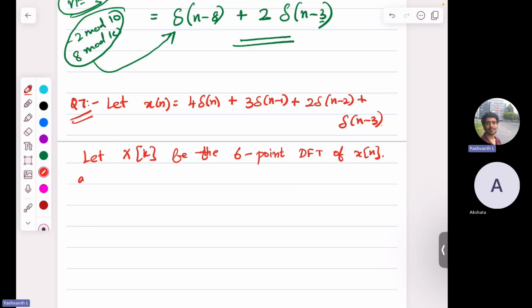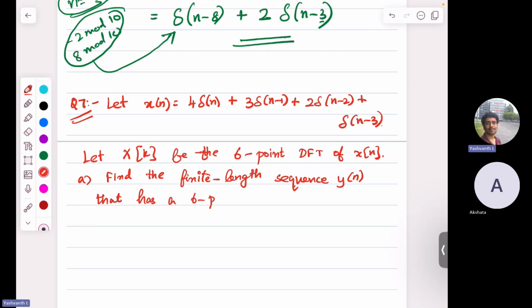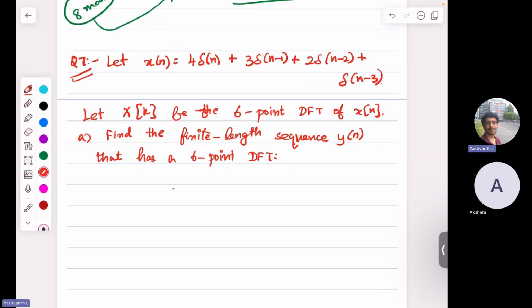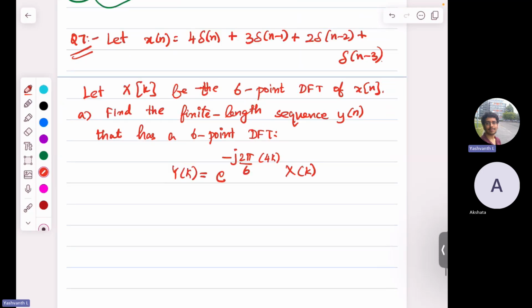The first question is, find the finite length sequence y of n that has a 6-point DFT y of k equal to e power minus j 2 pi by 6 into 4k into x of k. That is question 1.